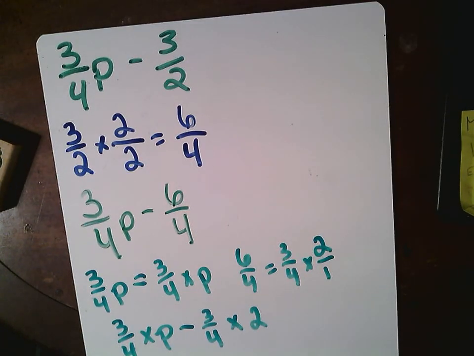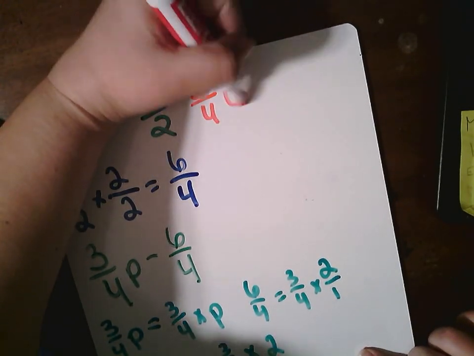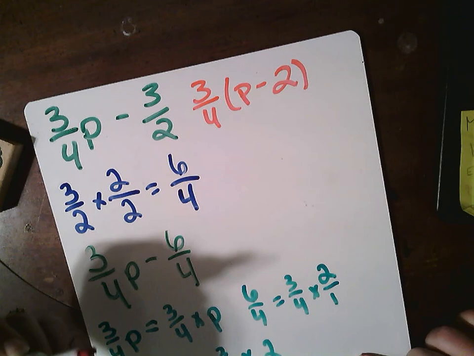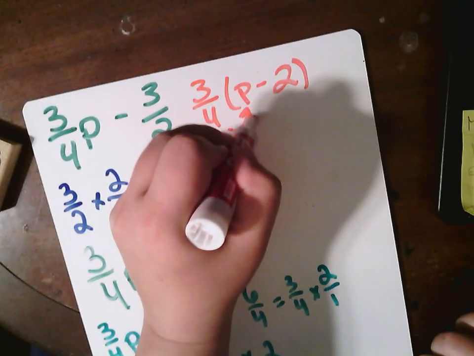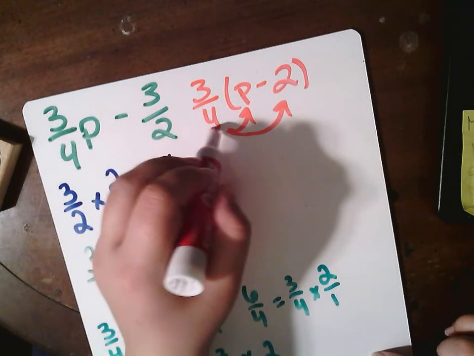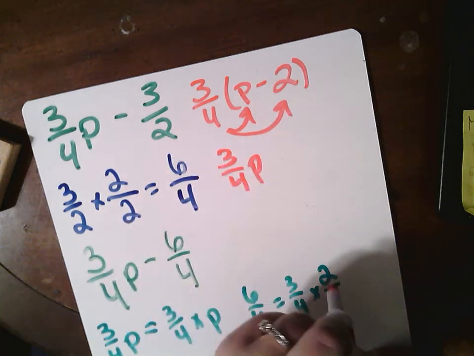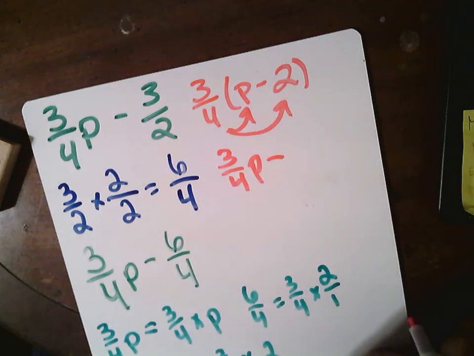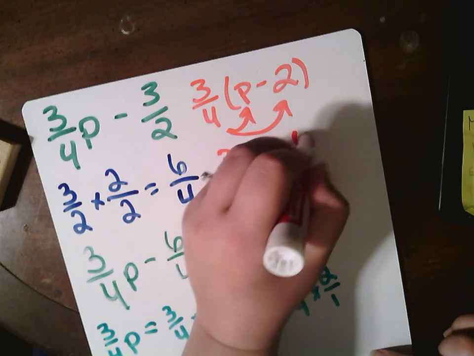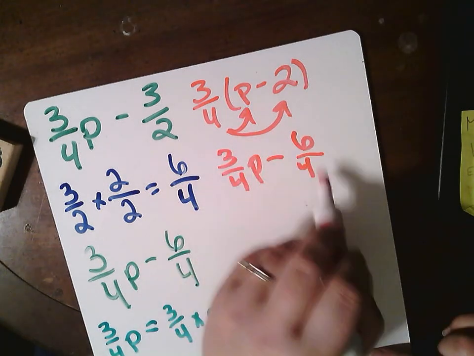Now let's go ahead and just check my work. You know, sometimes that's nice. So I have 3 over 4 times p minus 2 was my answer. 3 over 4 times p, because we are now using the distributive property to distribute the number on the outside to the inside. So 3 over 4 times p gives me 3/4 p. We subtract on the inside, so we'll subtract down here. 3 over 4 times 2. 3 times 2 gives me 6. 4 times 1 is 4.